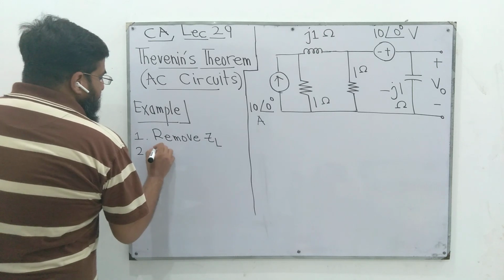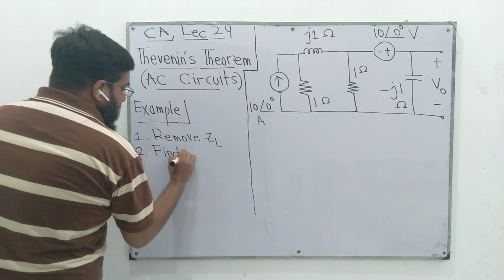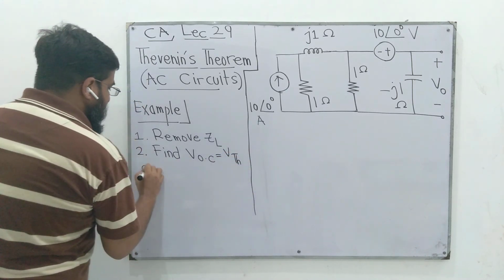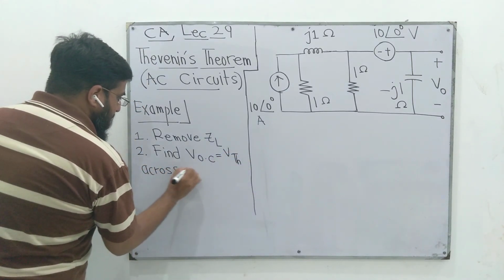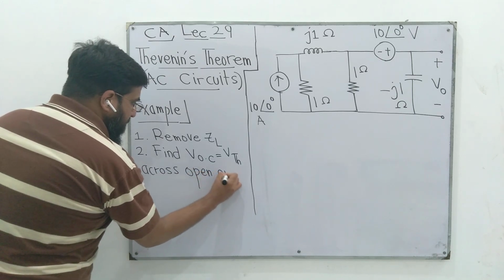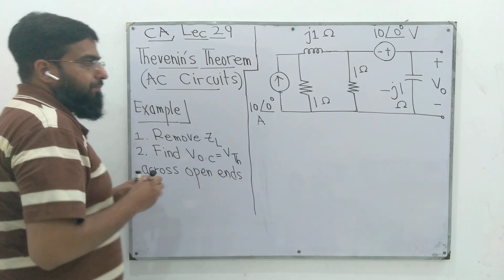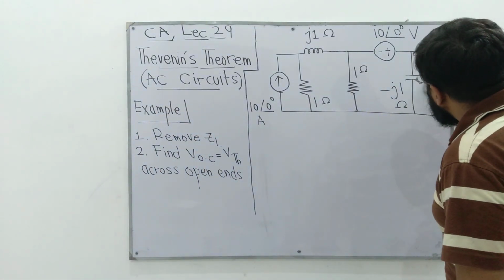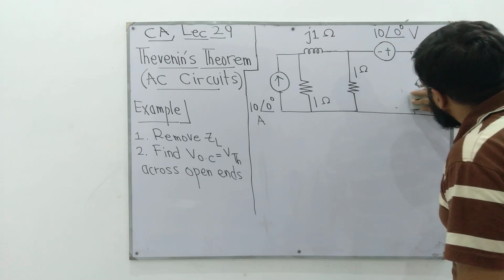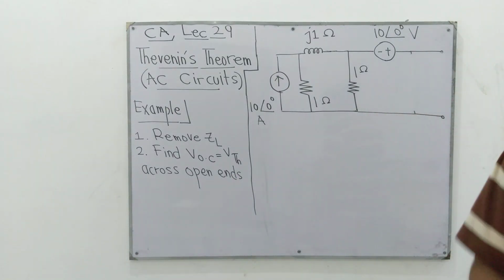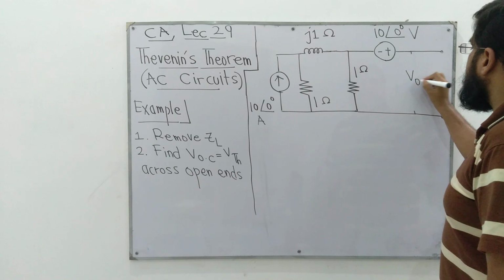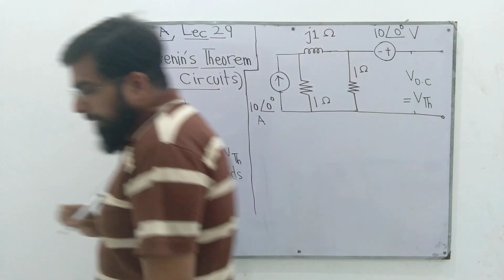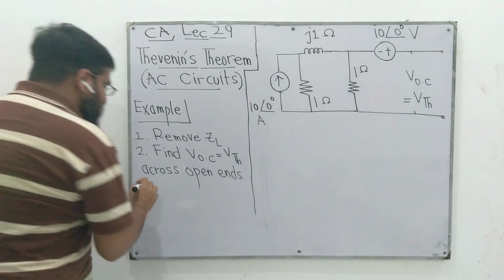Number two, we'll find VOC or Thevenin across open ends. When we will remove it, we will be left with two open ends right here. We'll find voltage drop across these two ends, which we call as VOC or Thevenin. OC stands for open circuit.